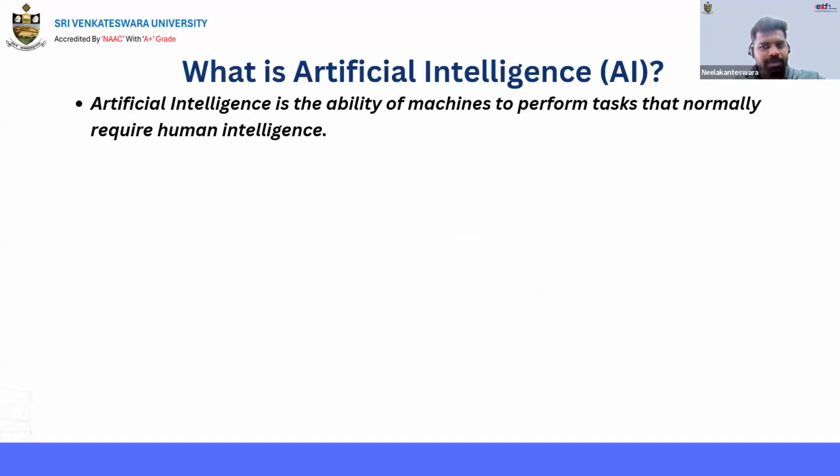What is meant by human intelligence? Humans can make decisions, humans can reason, humans can think, they can learn, and they can recognize faces.